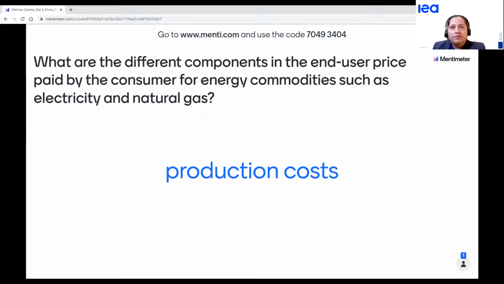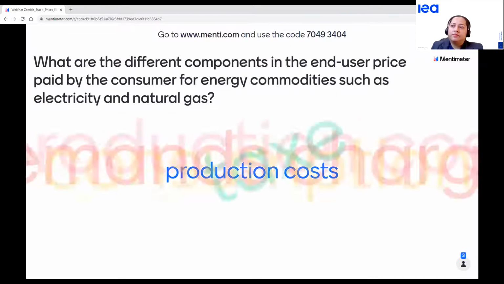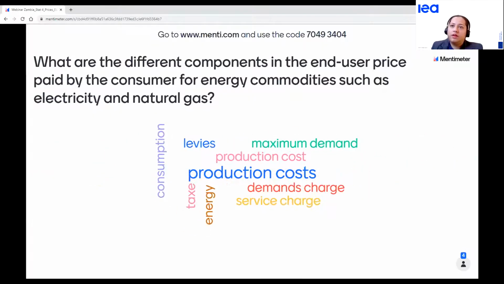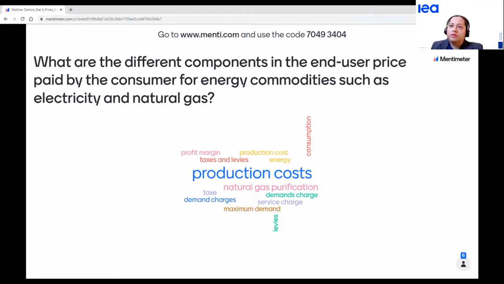Production cost. We have a first answer that arrived. Demand charges, consumption tax. What makes up the end user prices? Levies, service charges, consumption, profit margin.